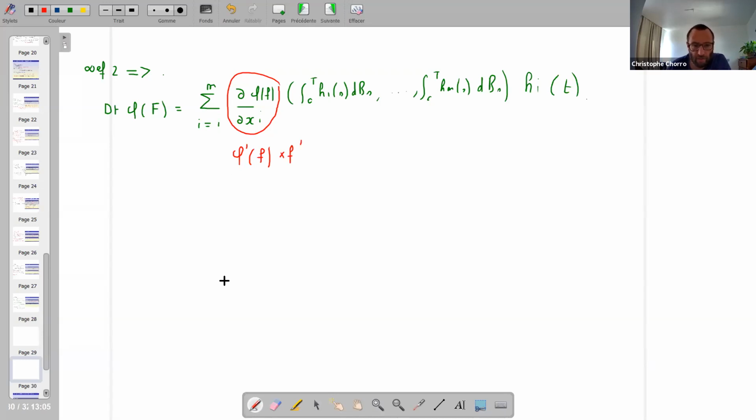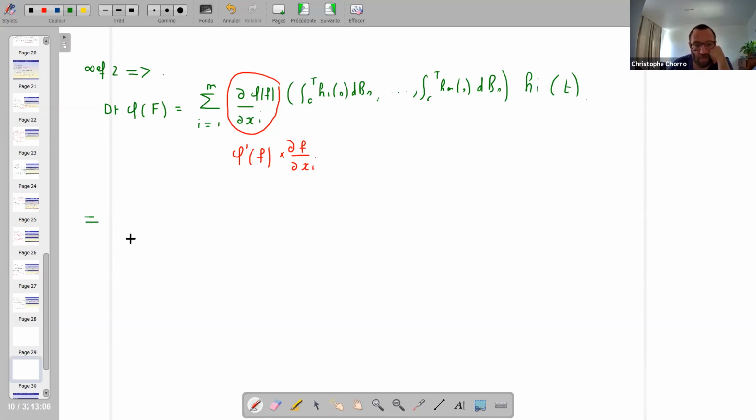Or since it's a partial derivative here, I don't have a prime, but I have d of f with respect to d of xi, by the classical chain rule for mappings. And so if I use this argument in the formula, I obtain what?